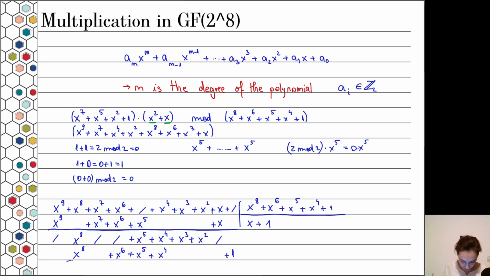So that's all what we have. So here will be nothing, x powered by 6, 1 plus 1 is 0, 1 plus 1 is 0, so nothing, plus x powered by 3 plus x powered by 2 plus 1.